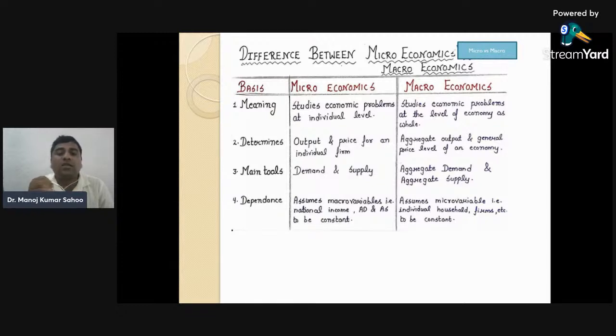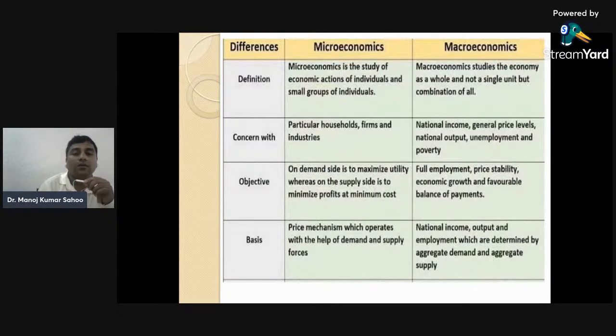Whereas macroeconomics takes variables such as national income, GDP, GNP, growth rate, aggregate demand, aggregate supply, inflation, all these things. So this is basically the difference between microeconomics and macroeconomics. I have already discussed all the things in detail, so that does not require any further discussion.